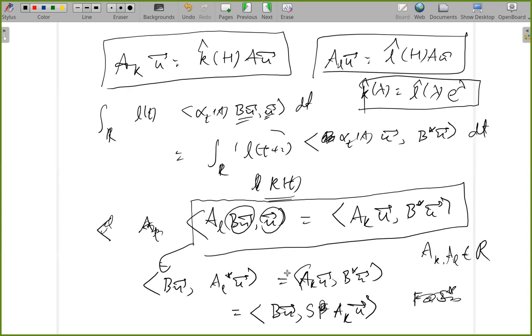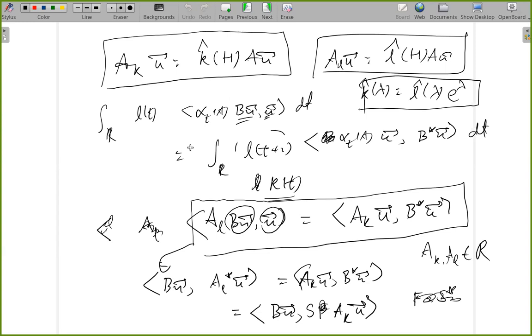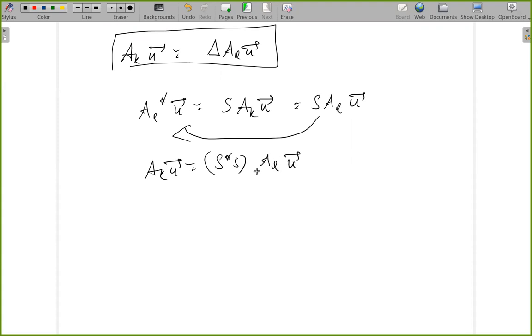So in particular, AL star U is equal to S AK U, which is equal to S AL U. Simply, if you look at this definition, S of AL U, since AL belongs to R, by very definition, you have this. Now AK U, if I multiply S star, I get S star S, AL acting on U.